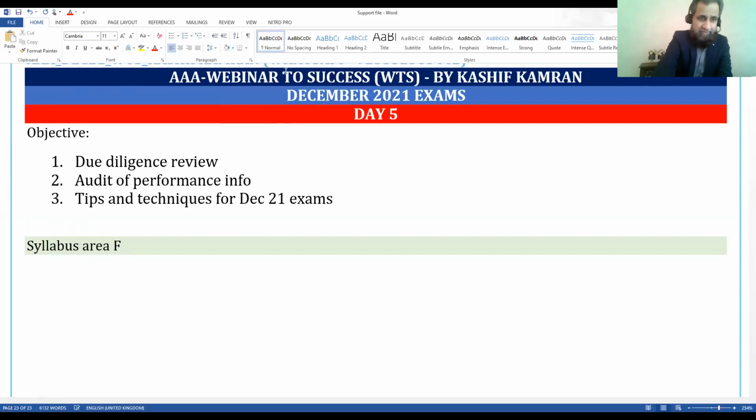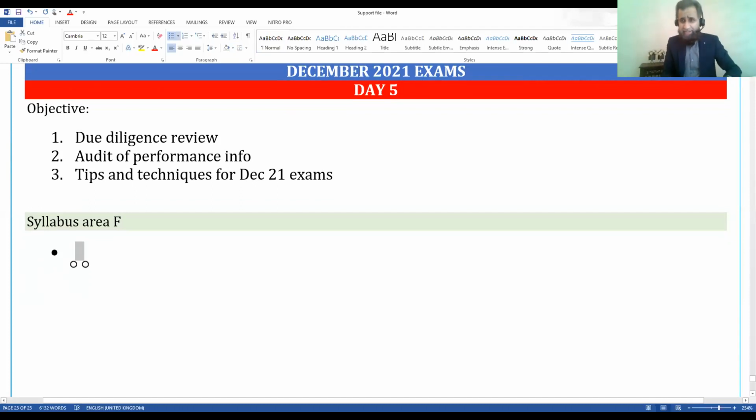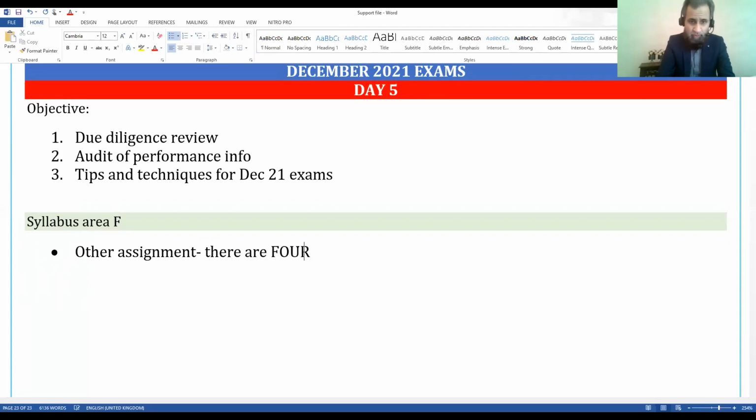Now, when you look at the syllabus area F, all of you have to be very sure that the syllabus area F is about other assignments, and there are 4 in your syllabus. All the 4 have been covered in the previous webinars. I've just shared the links with you before coming to the Word file.